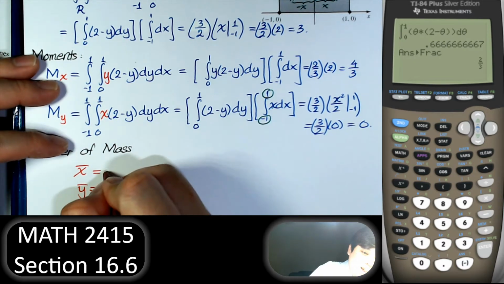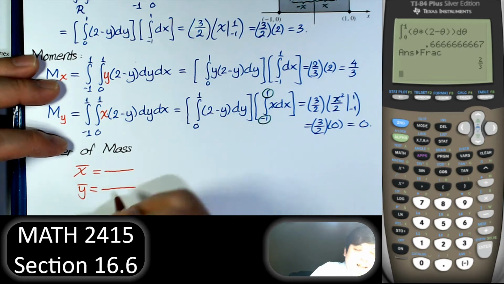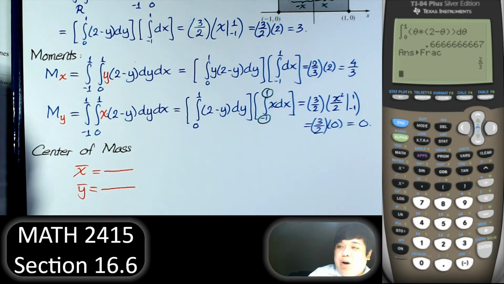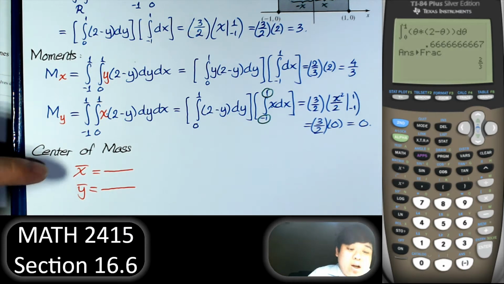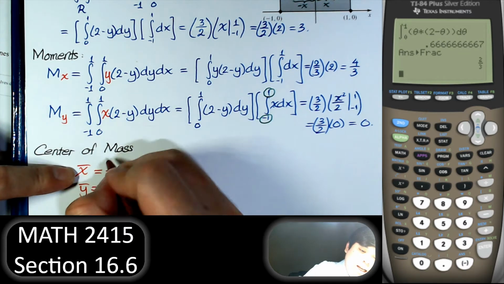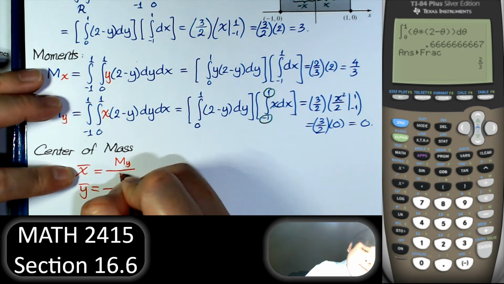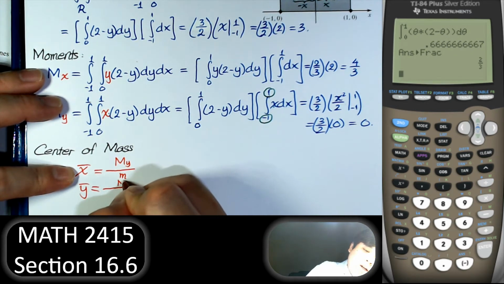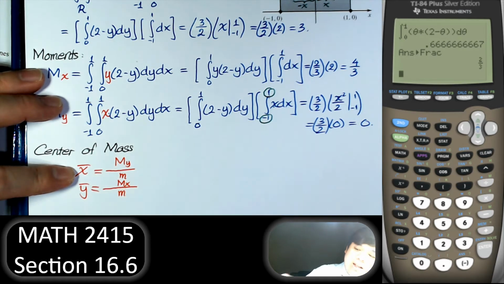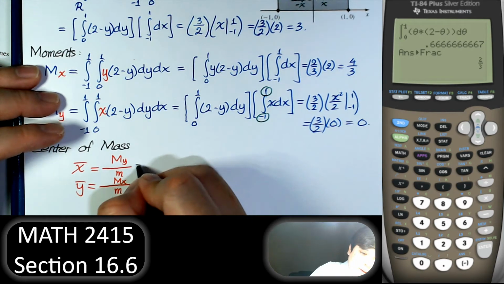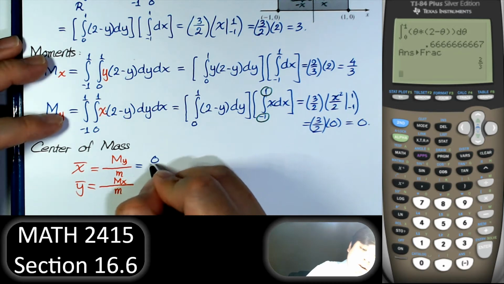We're not trying to trick each other using integration by parts and all the complicated integrals. Right. So x bar is the moment about the y-axis divided by mass. Y bar is the moment about the x-axis divided by mass. Moment about the y-axis is 0.